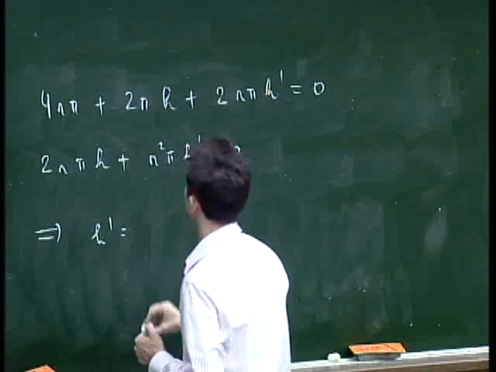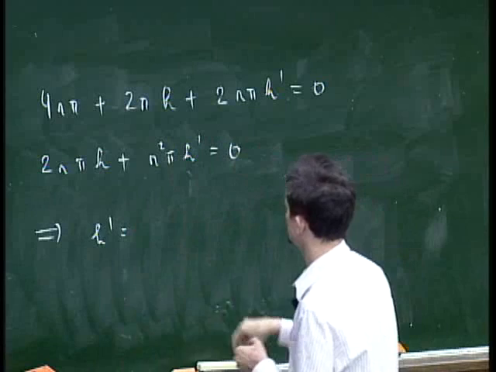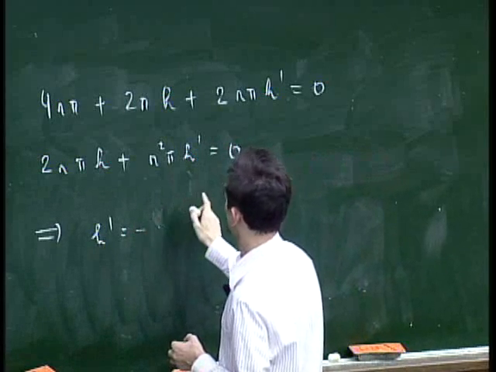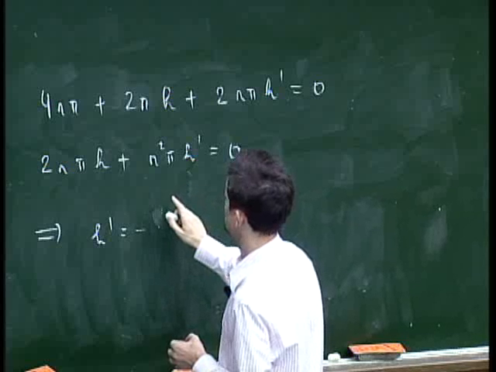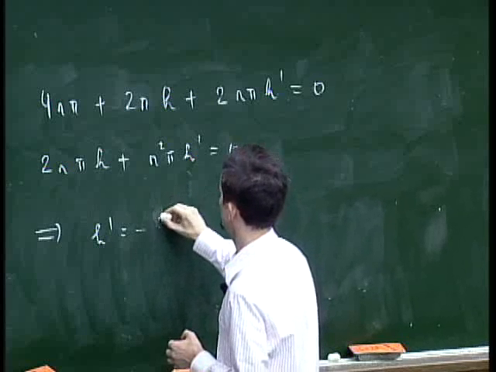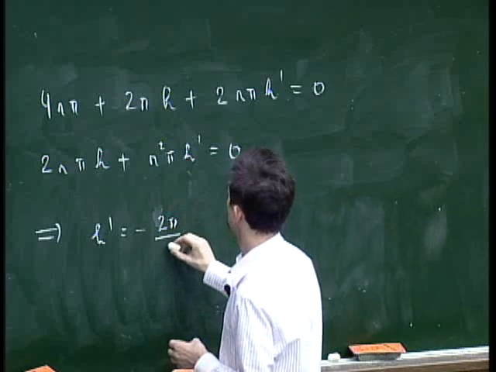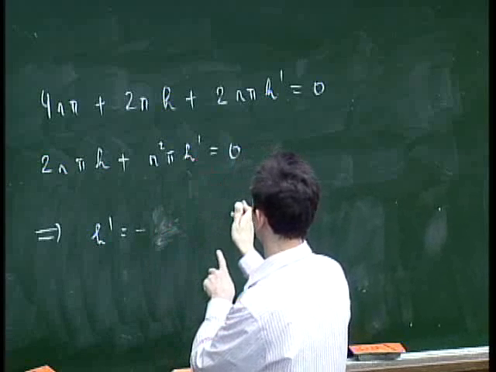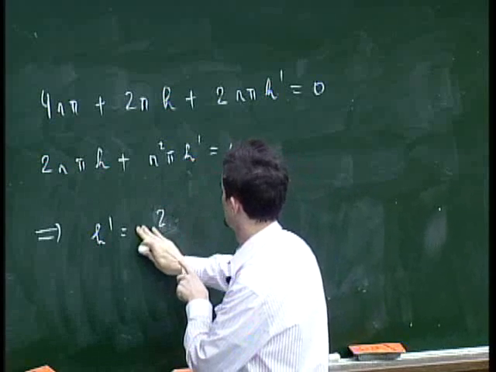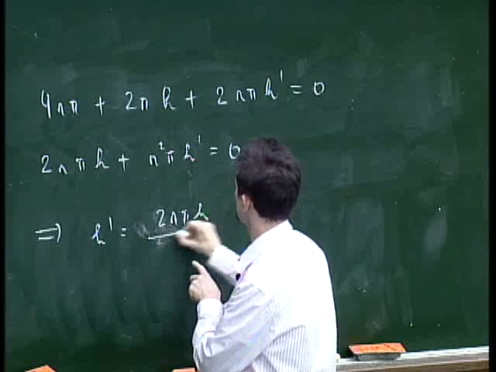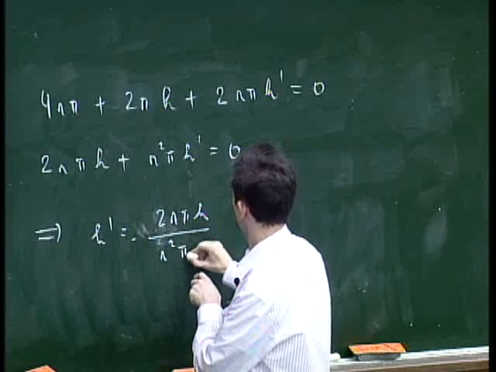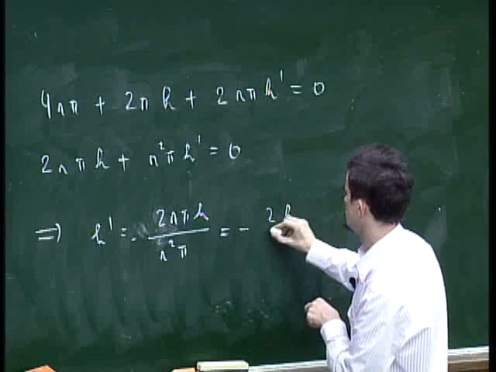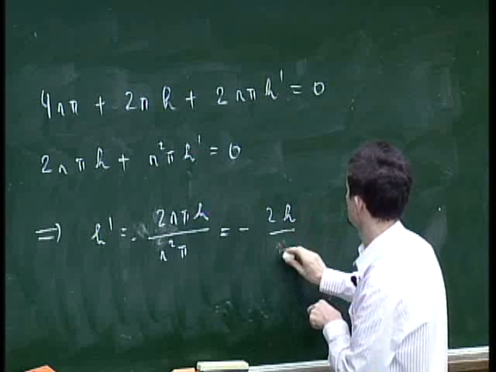So this is equal to minus 2 r pi h over r squared pi, where the pi cancels out. So this is minus 2h over r.